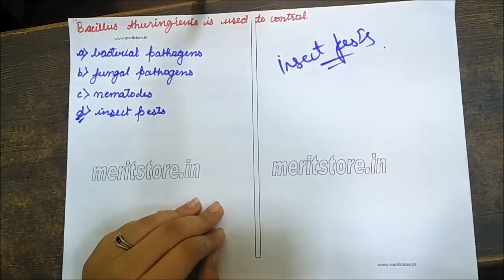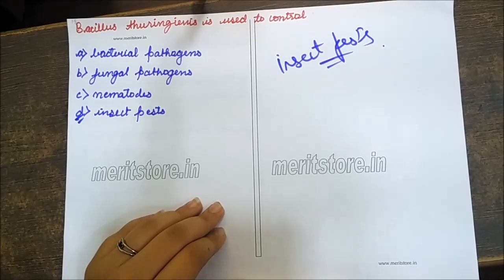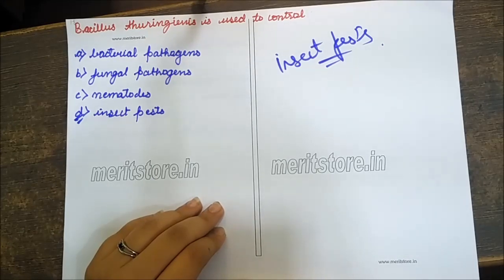Now let's know how. Bacillus thuringiensis is used to control insect pests. Bioinsecticides are those biological agents that are used to control harmful insects.